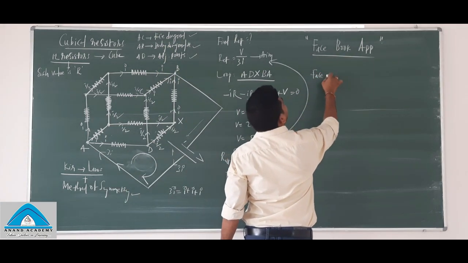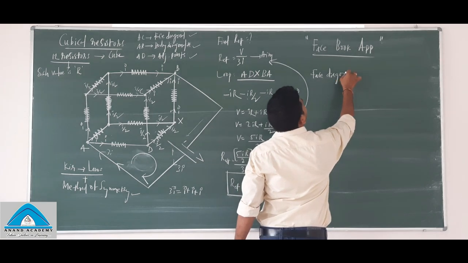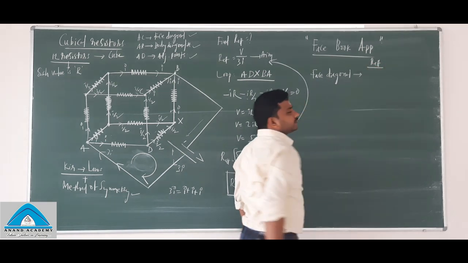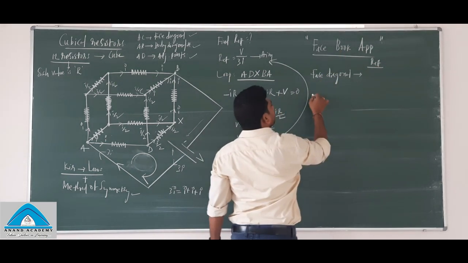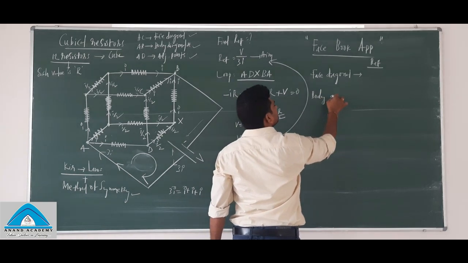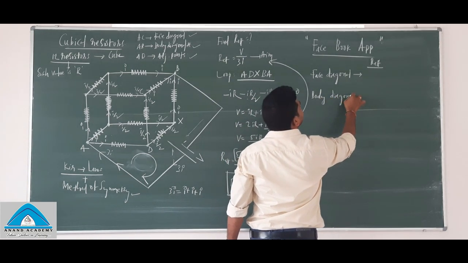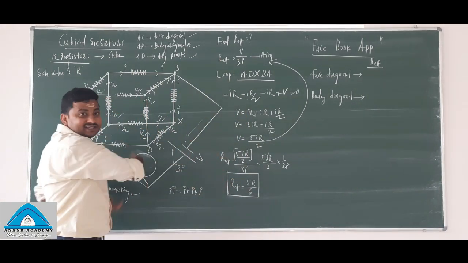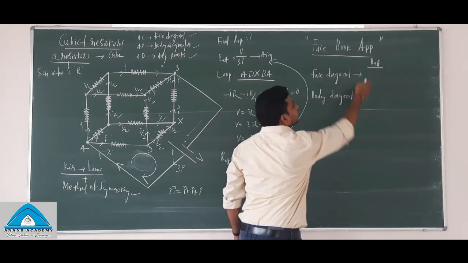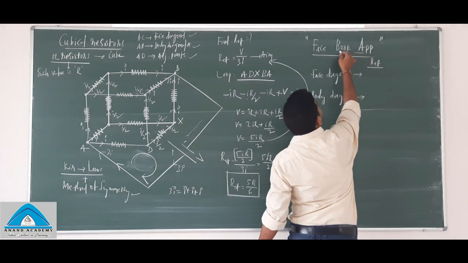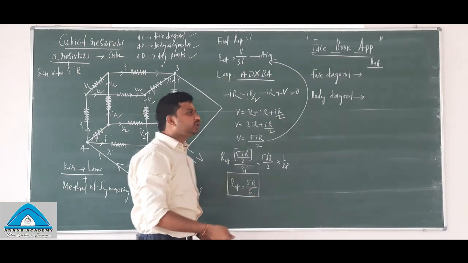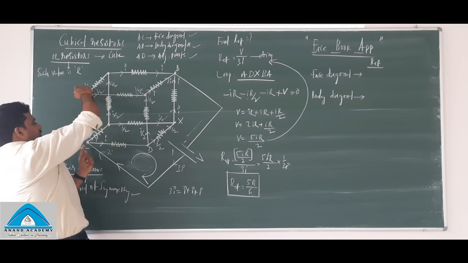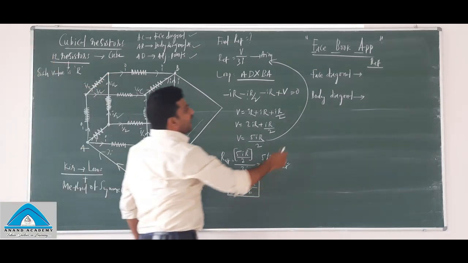When the battery is connected across the face diagonal, we get the effective resistance value. B stands for body diagonal. When the battery is connected across the body diagonal points, and that is our discussion today, what is the effective resistance? Last, A stands for adjacent points. Any two adjacent points, maybe these two points, maybe these two points. Okay. Adjacent points.